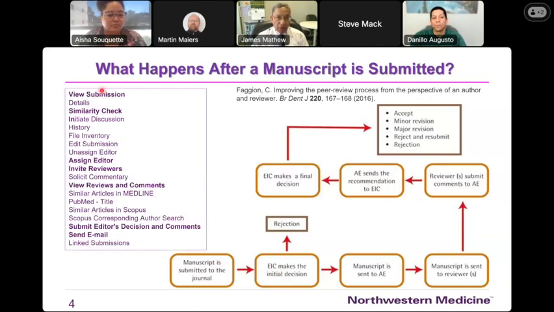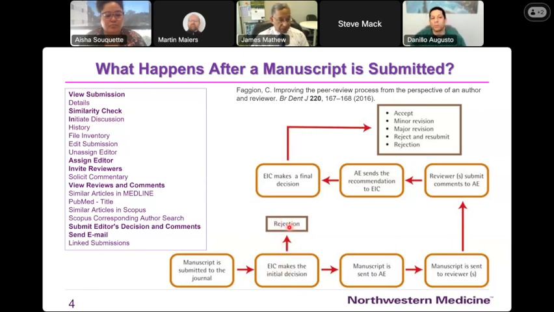This is the screen of the actions that are available to the editor-in-chief and the other editors. The editor-in-chief will look at the submission, check for any similarities, and look for the suitability of the manuscript for the journal. Check if there is any deficiency. If there is any deficiency, the editor-in-chief rejects the manuscript.